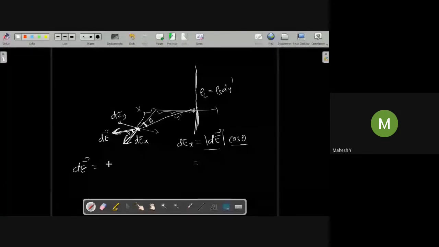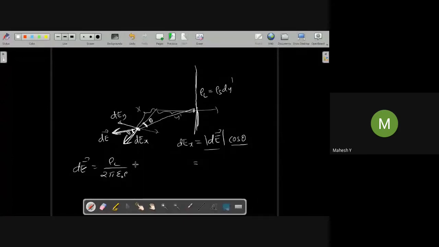dE is rho L by 2 pi epsilon 0 rho, a rho cap, right? So a rho cap is the direction. Now what is mod dE? The magnitude of this one.